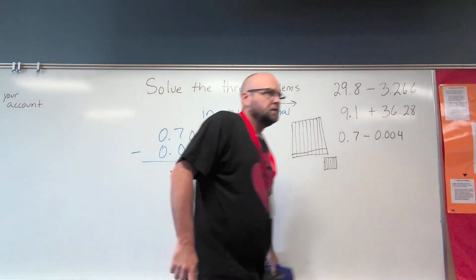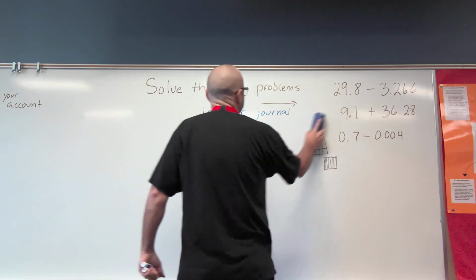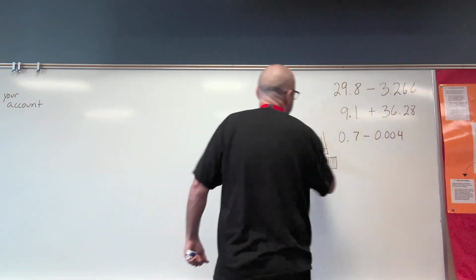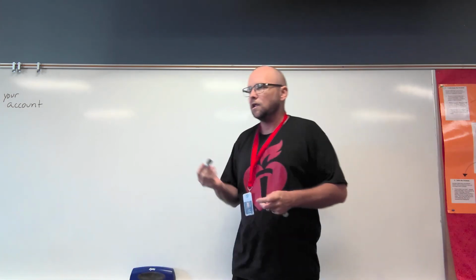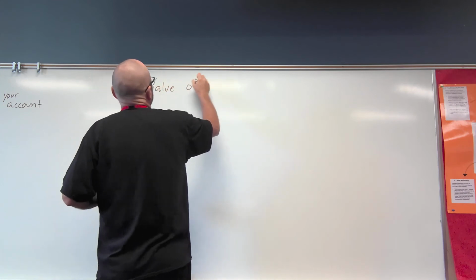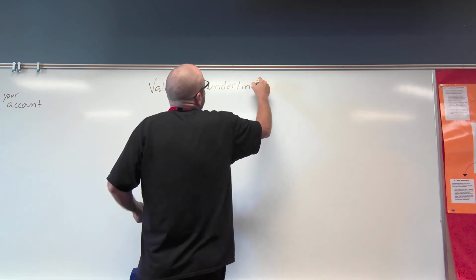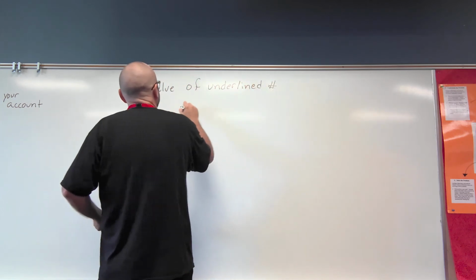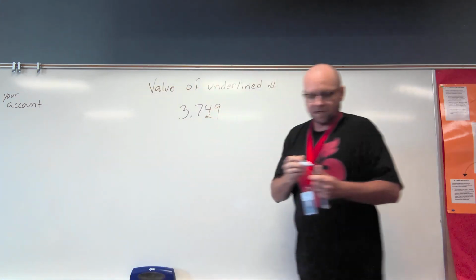All right. The decimal review that I know you're doing because you wrote it in your agenda is going to have a couple things on it. I want to remind you how to do a couple things. First of all, if it asks for what the value of the underlying number is, which it's going to, and we have 3 and 749, and the 4 is underlined.